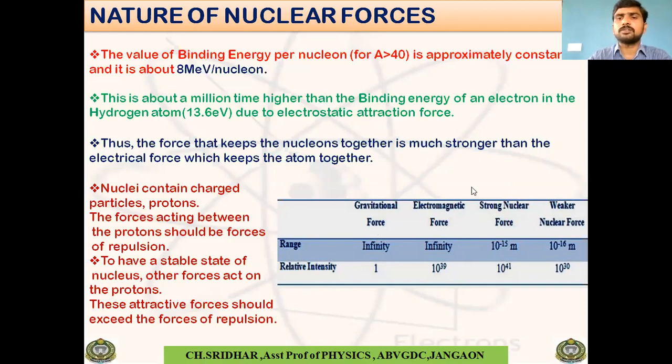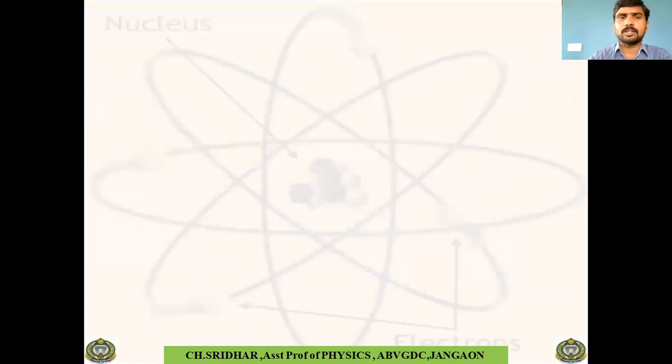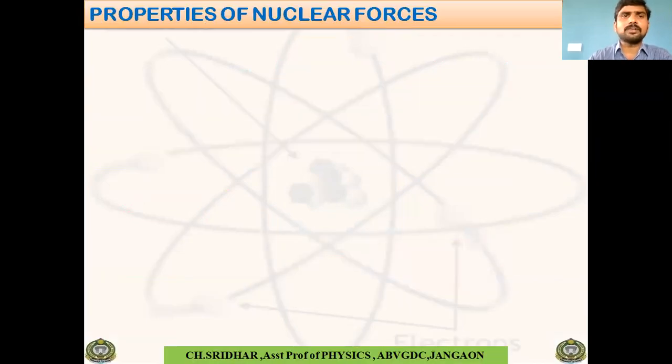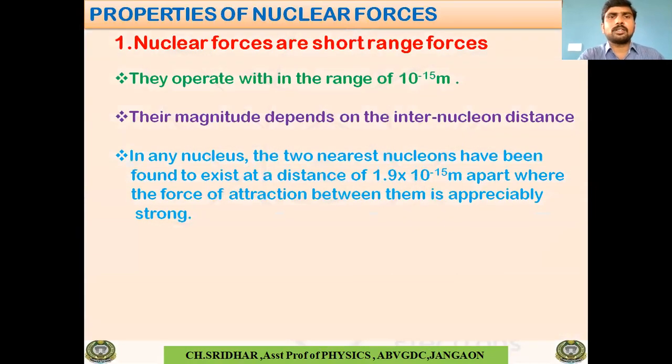So the nuclear force is a short range force, and the other force, called the weak nuclear force, has a range of 10 to the power of minus 16 meters. This is also a very short range force. If you look into the properties of nuclear forces, they are short range forces. They operate within the range of 10 to the power of minus 15 meters, and their magnitude depends on the internuclear distance.